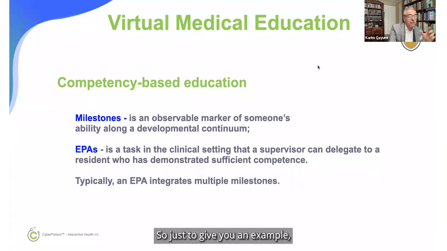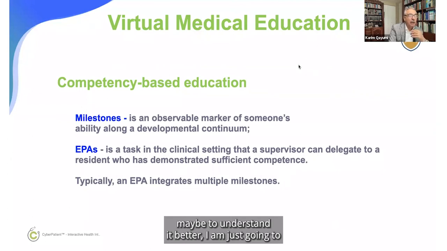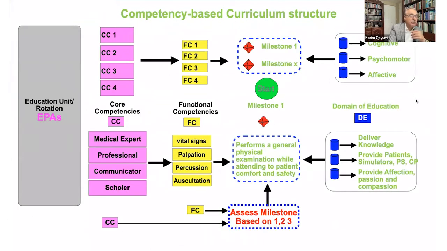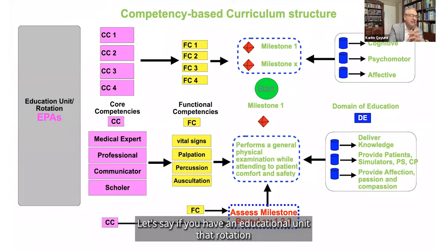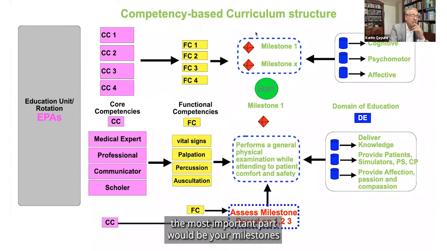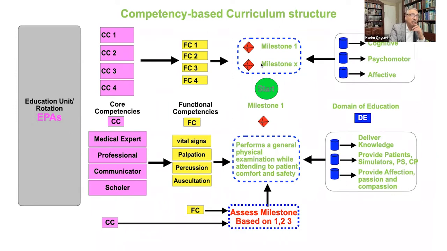Just to give you an example, maybe to understand it better, I am going to see if I can explain it. Let's say you have an educational unit of rotation. The most important part would be your milestones.